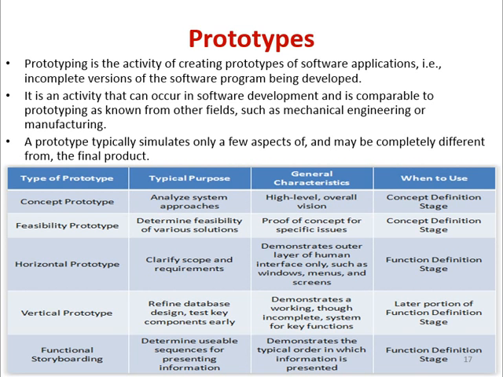For the feasibility prototype, you are doing the feasibility analysis: determine feasibility of various solutions on various parameters, proof of concept, that is POC, for specific issues, in the concept definition stage. Similarly for the horizontal prototype, we clarify scope and requirements, leading to the functional definition stage. We use the vertical prototype at the later portion of the functional definition stage, and functional storyboarding we generally do at the functional definition stage.